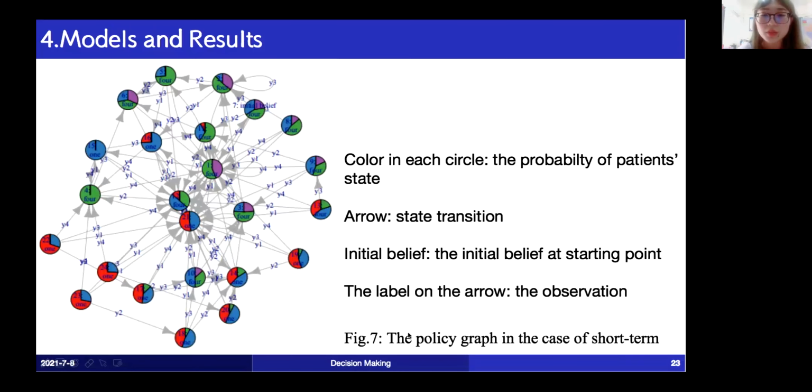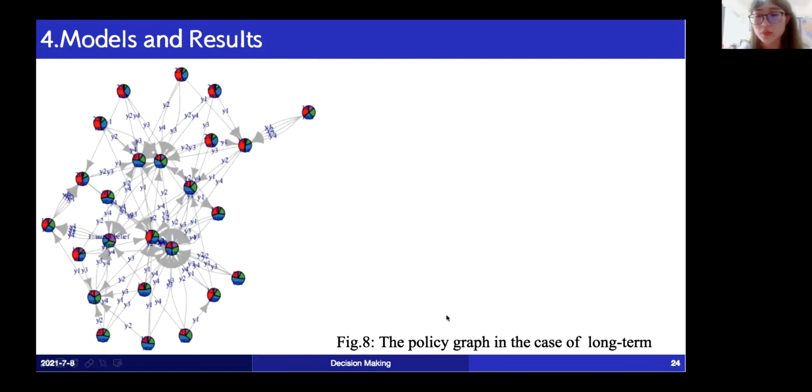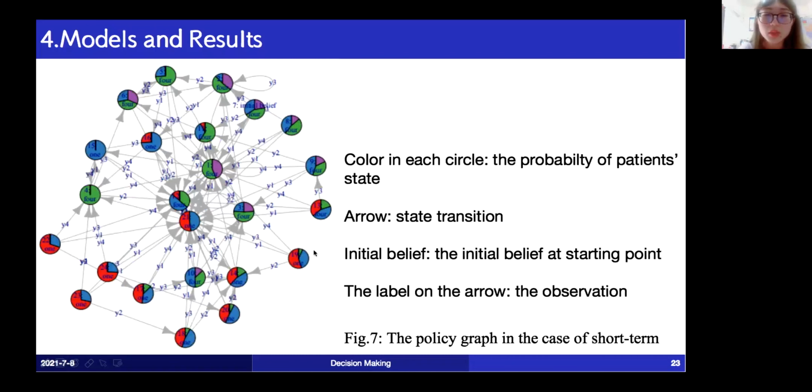Figure 7 is a visualization of the policy graph in the short-term case, and figure 8 is the long-term case. The coloring of each circle is the probability of patient state, and the arrow is state transition. The initial belief is the starting point, and the label on the arrow is observation.